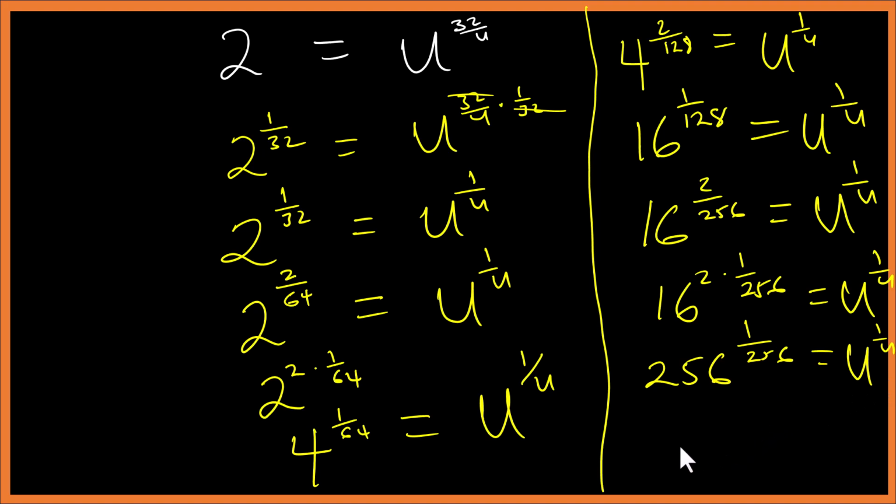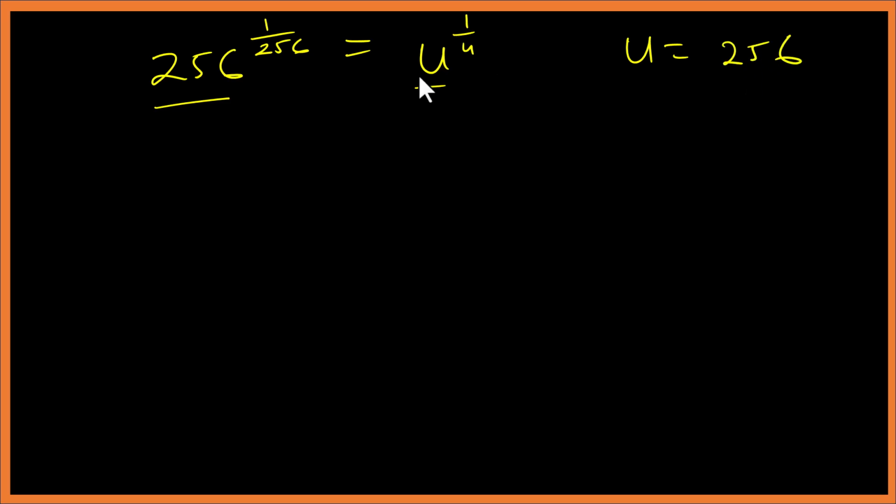So when you compare, let me write it again. I have 256 to the 1 on 256, u to the 1 on u. So we can say 256 is u, so 1 over 256, 1 over u.